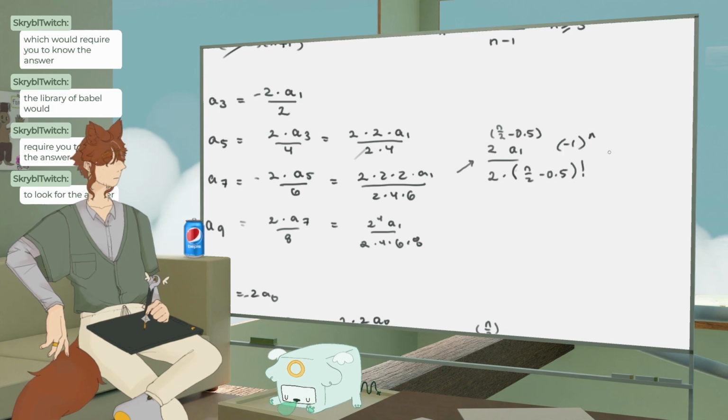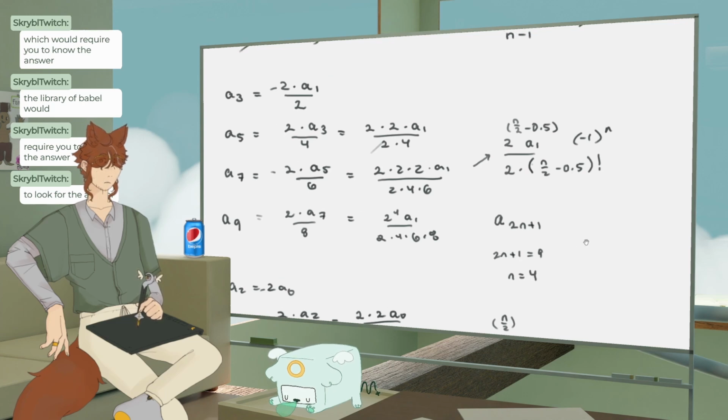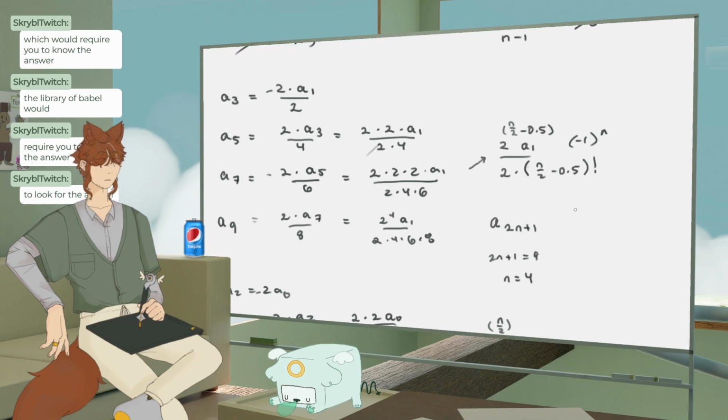Okay. Hear me out. So a to the 2n plus 1 is... So 2n plus 1 equals 9. So n is going to equal, in this case, 4. And so 2 to the 4th.